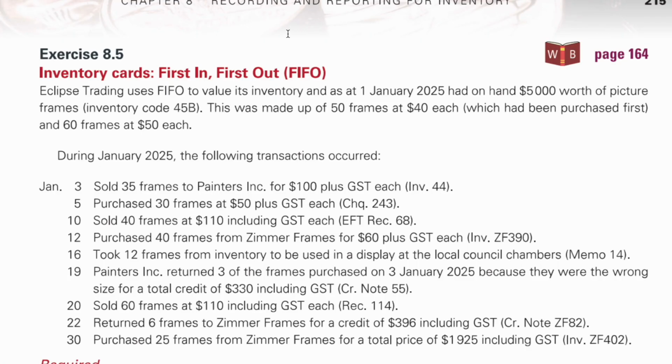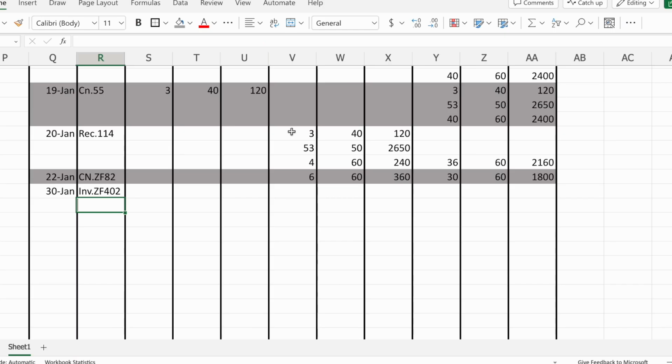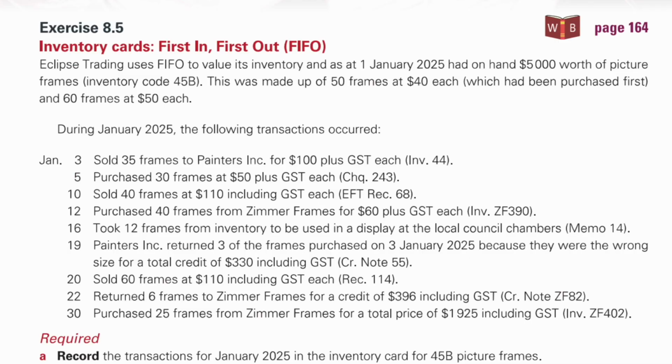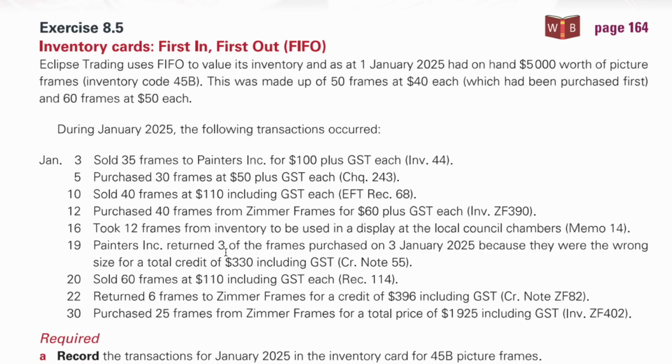So they purchased 25 frames. So in this case, we might have to do a little bit of math. If we get our calculator, and we do 1925 divided by how much was it? 25.